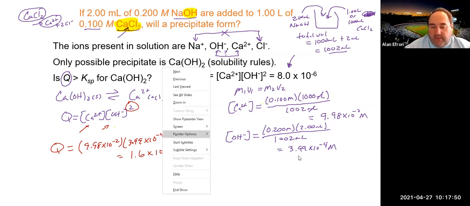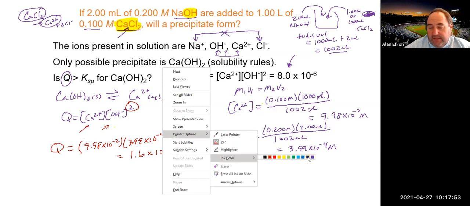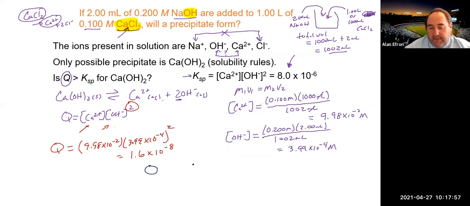All right, so now that we've calculated that, what does it mean? Well, we now want to take our Q value and compare it to the KSP value. Our Q value is 1.6 times 10 to the minus 8. We really can just compare the top number there. That's to the minus 8. Our KSP value from the table is to the minus 6. And what we see in this case is minus 8 is smaller than minus 6.